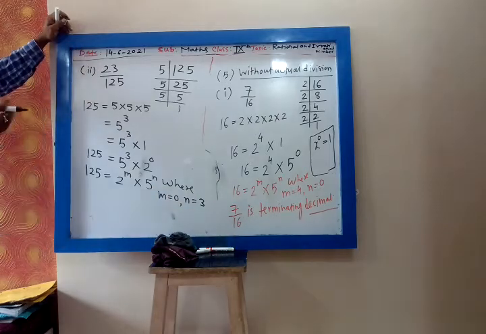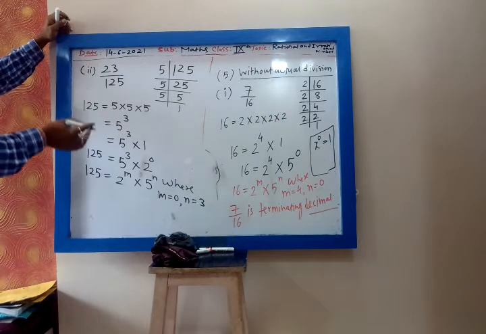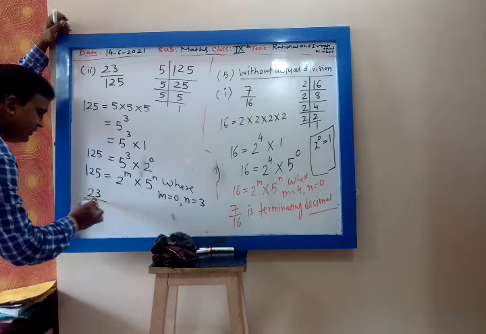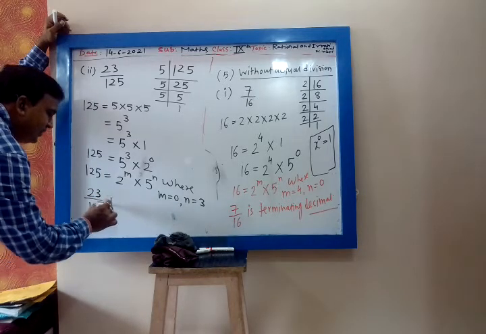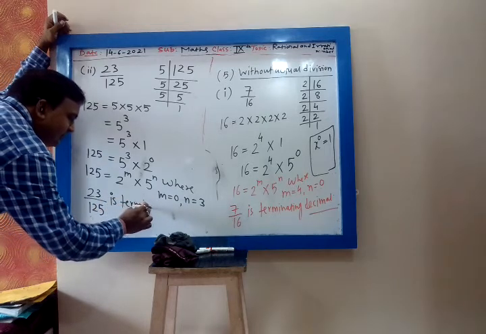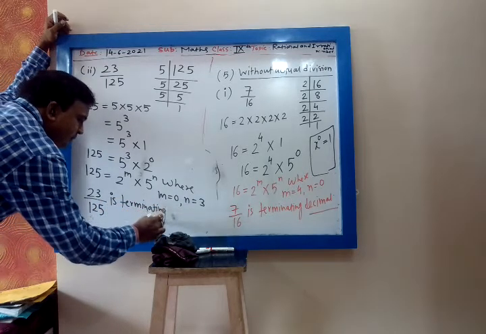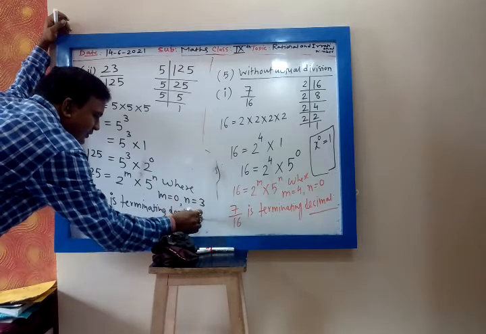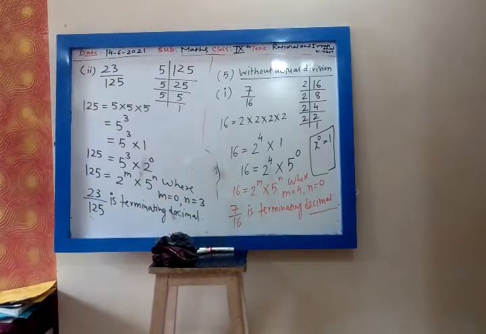So if the denominator can be expressed in the form of 2 raised to m into 5 raised to n, then it is a terminating decimal. So 23 upon 125 is a terminating decimal. Terminating decimal means after the decimal the division stops.